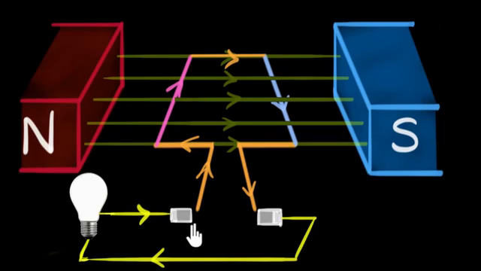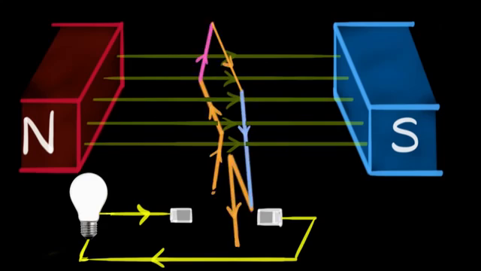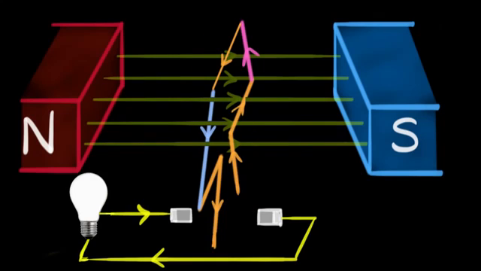Let's see why. If I want the current to flow this way, right now in this position, I can connect this brush to this wire, the pink side, so that the current flows like this and comes out. But as the coil rotates, notice once it comes to this position, the current reverses.